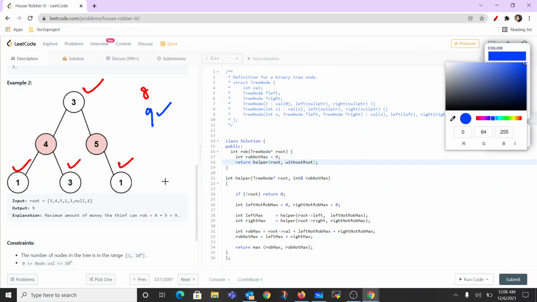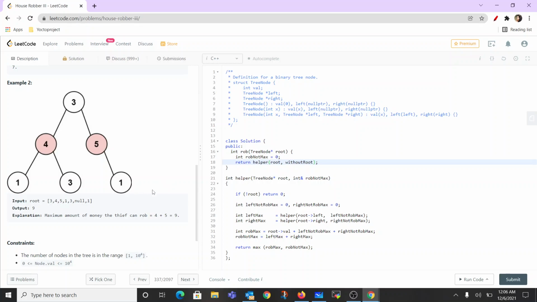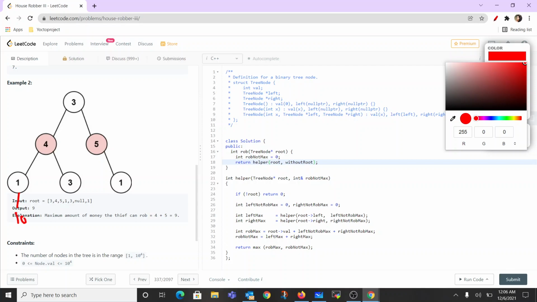Let me take one more example, which will change the thinking of doing this question. Say in this question we have one more node here as 100, right? So what should be its answer? Surely we would be required to choose 100 so that our money could be maximum.